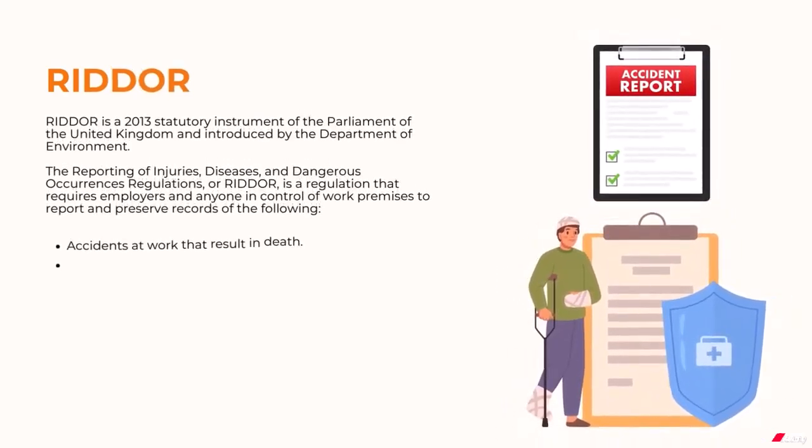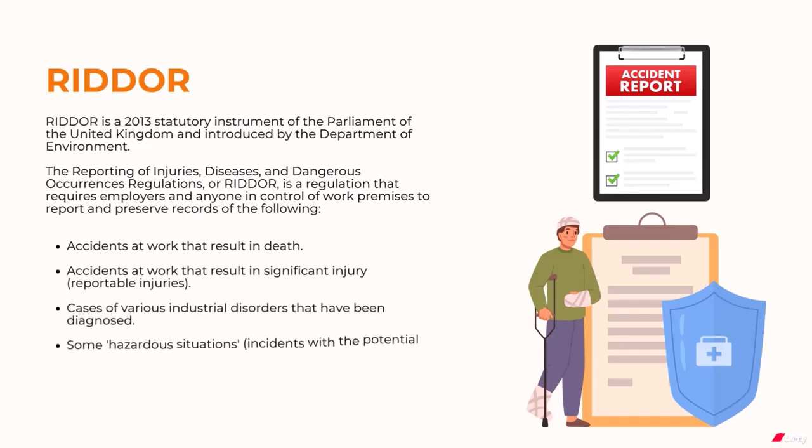RIDDOR is a 2013 statutory instrument of the Parliament of the United Kingdom and introduced by the Department of Environment.